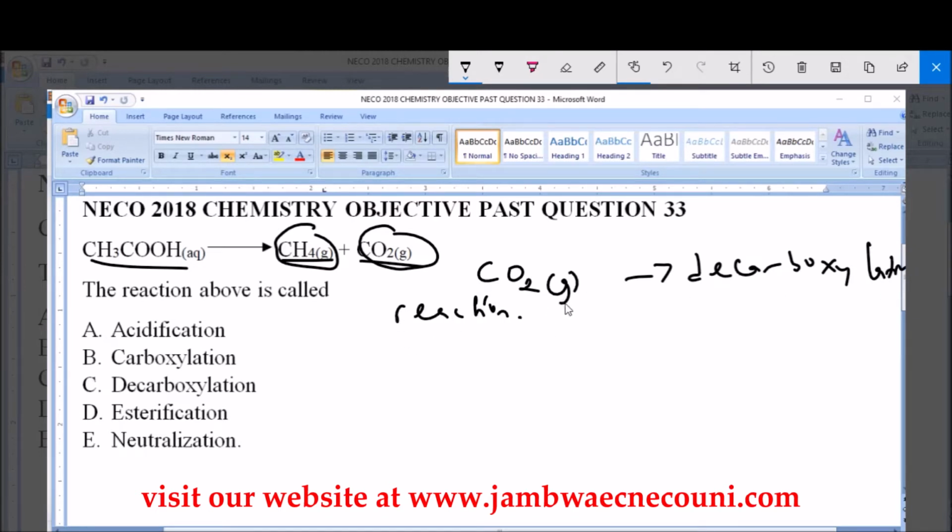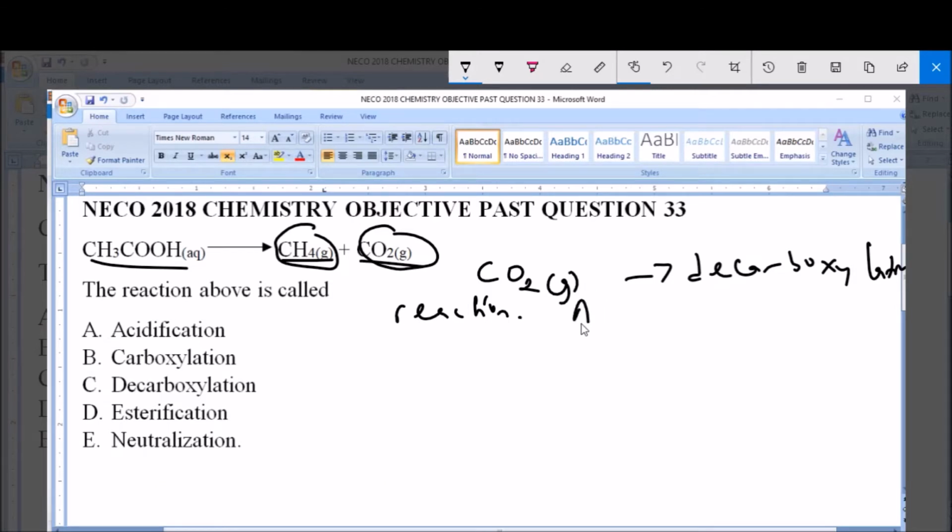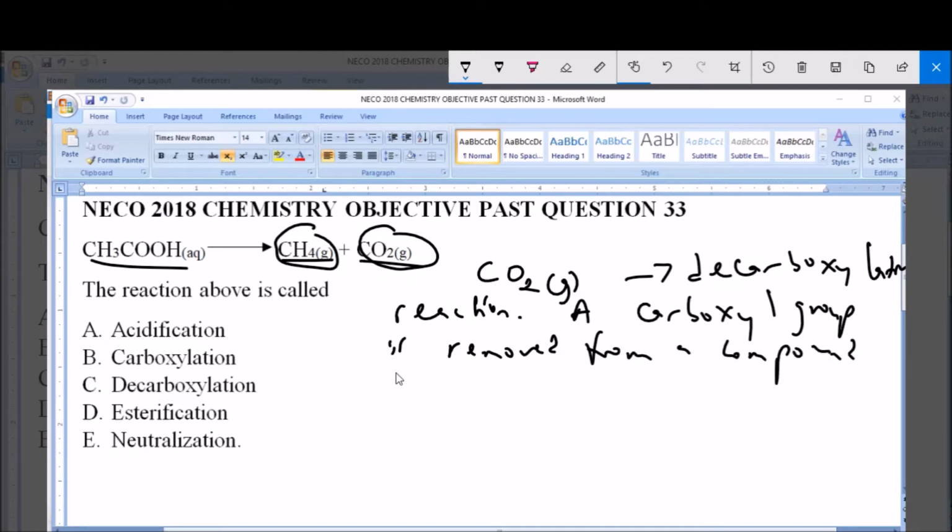Now in a decarboxylation reaction, what happens is that a carboxyl group is removed from a compound and carbon dioxide is evolved. So as you can see here, carbon dioxide is evolved as a result of a removal of a carboxyl group from this compound. So decarboxylation is option C, which is the correct answer to the question.